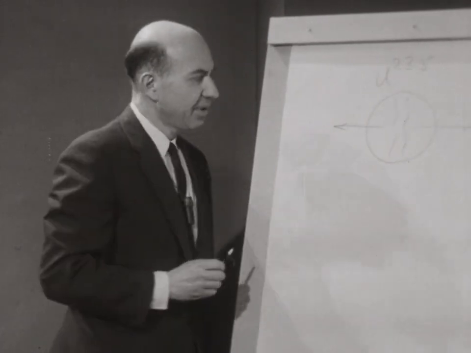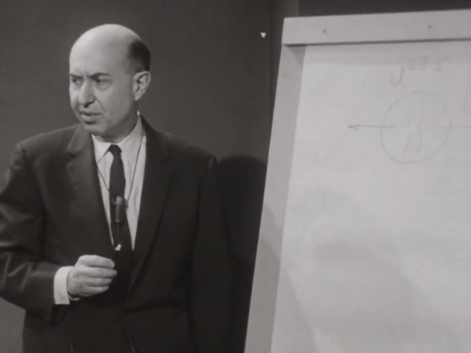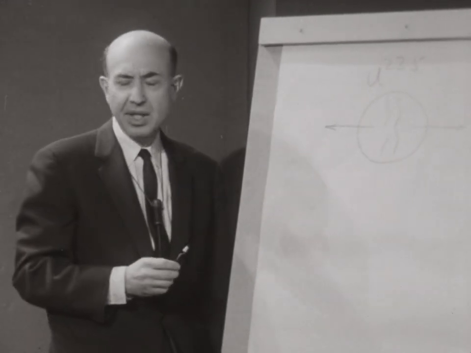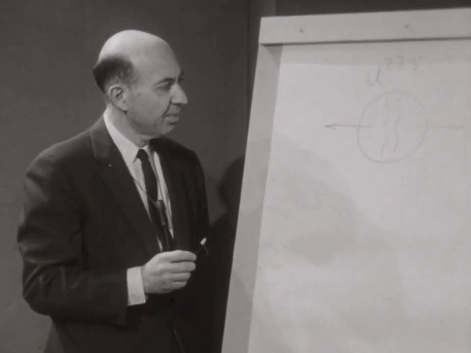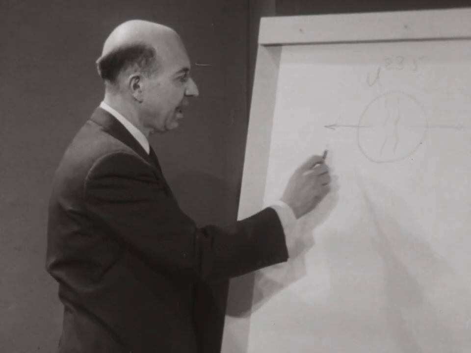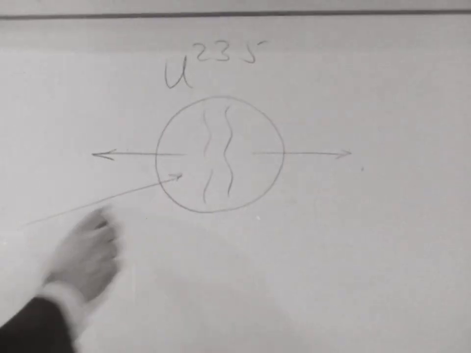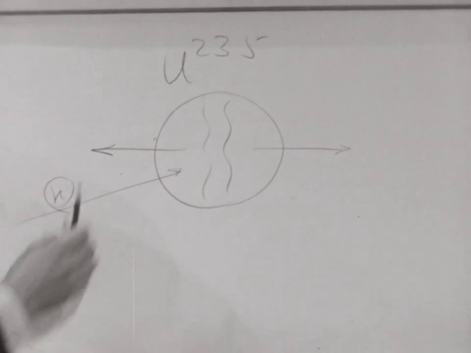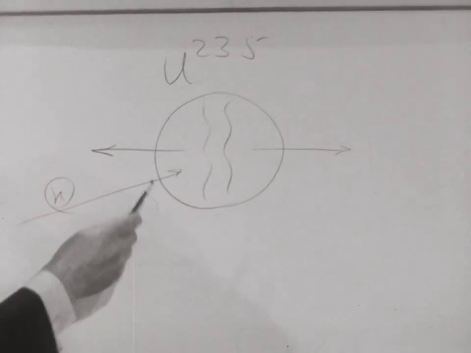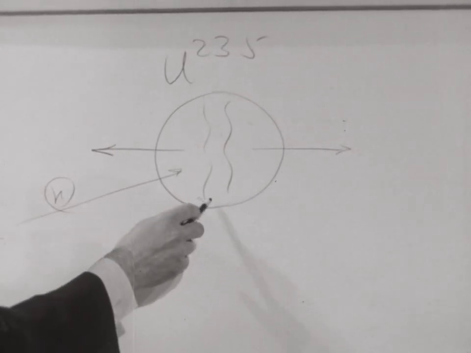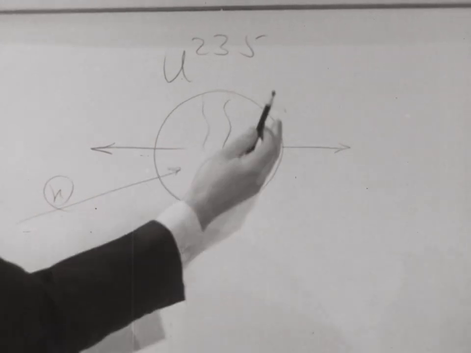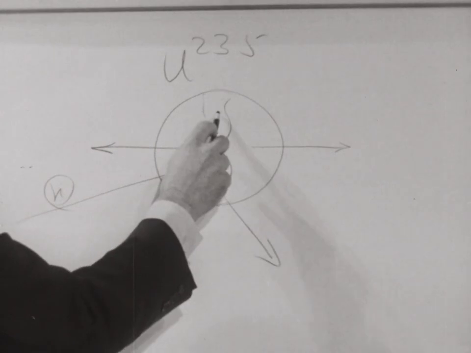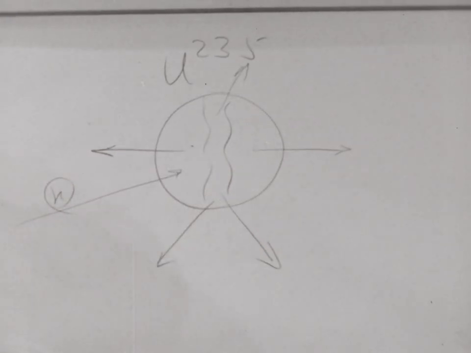The remarkable thing about the fission of U-235 is the emission of neutrons which takes place during the fission process. The fission process, let us say, starts by the introduction of a neutron into the U-235 nucleus. The U-236 nucleus then fragments into these two halves, giving up kinetic energy, and then we have the emission of neutrons from the two fragments.